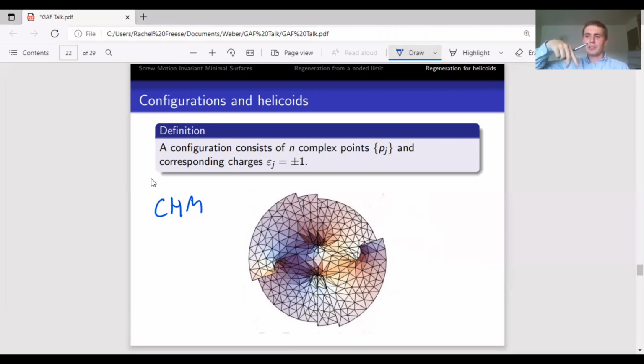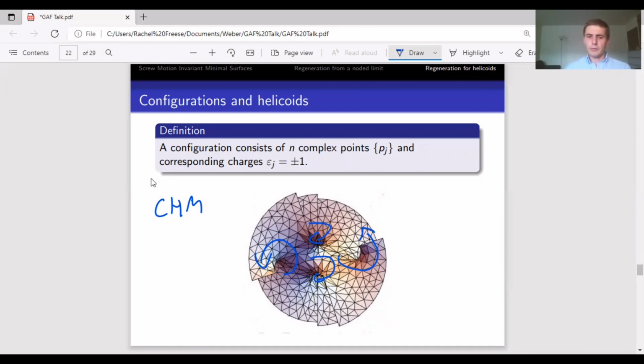Helicoids can go in different directions. They can spiral clockwise or spiral counterclockwise. So this one is spiraling counterclockwise as it goes up, as is this one. But these two are spiraling clockwise. Okay, so we're dealing with these configurations of points.